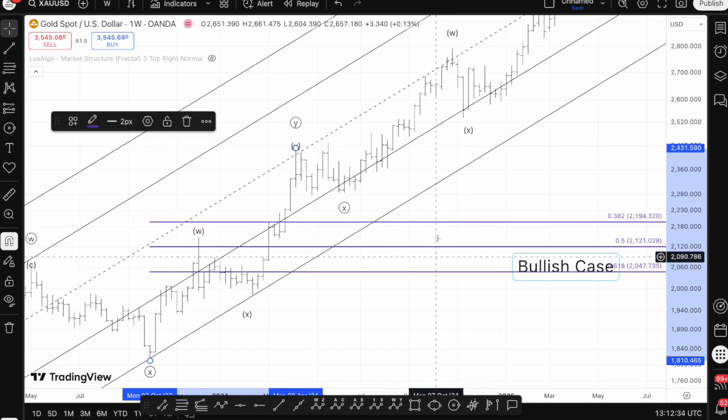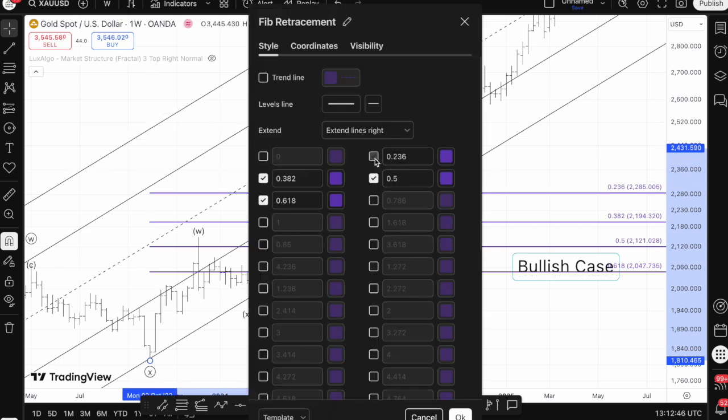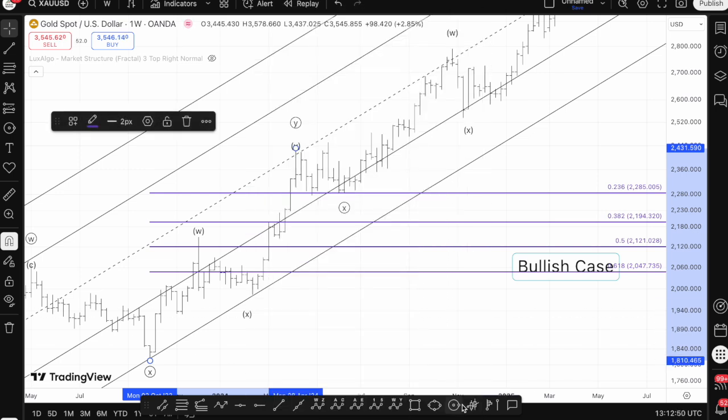The three most probable fib levels for wave X have not been touched here, so I'm going to add another one, which is included in the textbooks but is not quite probable. When I search on it, we can see that it has been touched, so I can call this wave X.